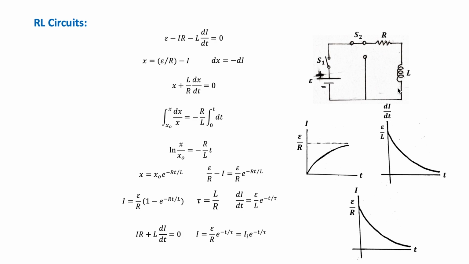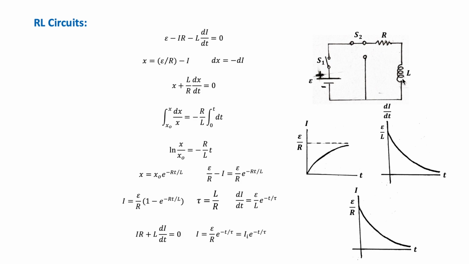And so the inductor slows the reaction of the circuit to changes in voltage. So consider this circuit here, known as an RL circuit, and suppose S1 is closed and the current in the circuit starts to increase. Then, as we said, a back electromotive force that opposes this increase in current will be induced in the inductor, okay?